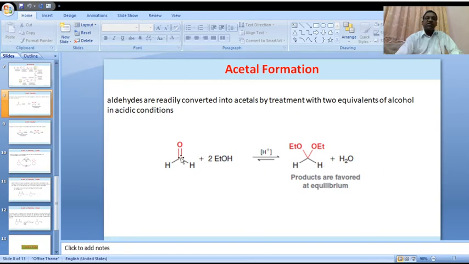But when we use a ketone instead of formaldehyde, the equilibrium favors the reactant side, the opposite, that is, it moves in the backward direction.